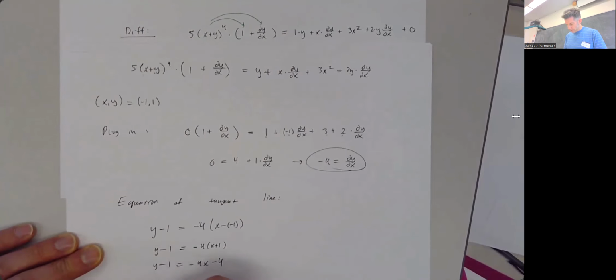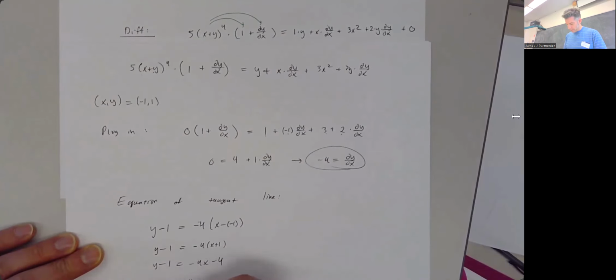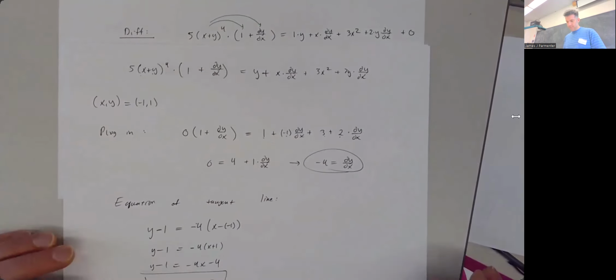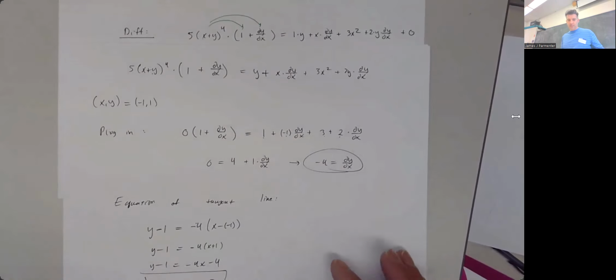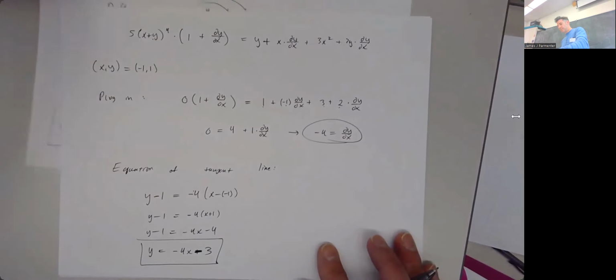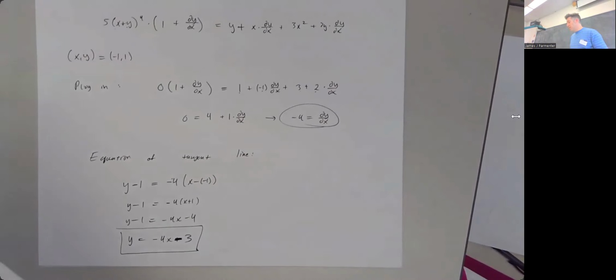So y equals -4x minus 3. So that is usually how we deal with finding the slope of the tangent line to an equation where you'd have to use implicit differentiation, or the equation of the tangent line. Cool.